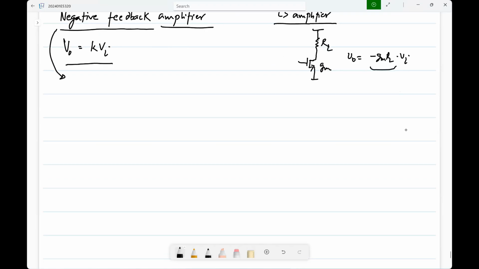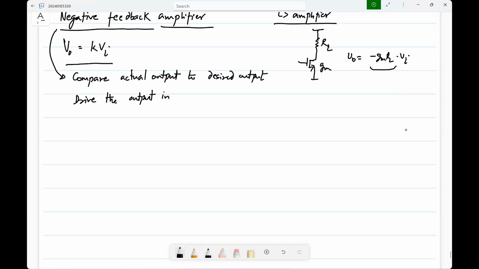So this involves comparing the actual output to the desired output in some form, and then driving the output in a direction that reduces the error.